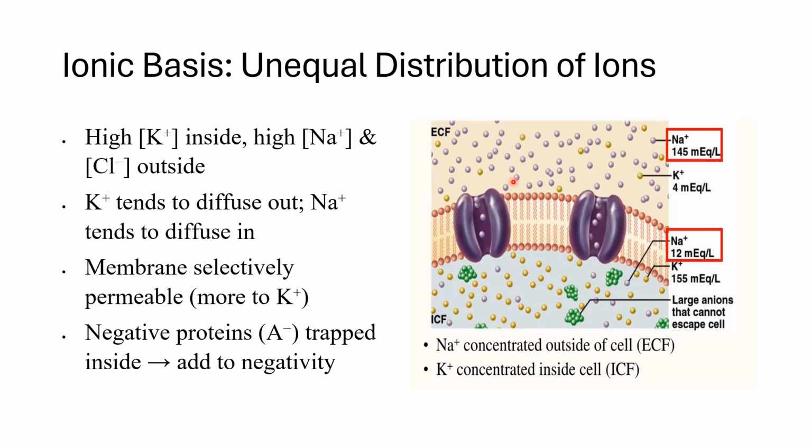Conversely, sodium being more concentrated outside tends to diffuse inward through its few available channels. But here's the key. The cell membrane is selectively permeable. And at rest, it is far more permeable to potassium than it is to sodium. This means that potassium's movement dominates, leaving behind negative charges that can't follow. Among these immobile charges are the negatively charged intracellular proteins.